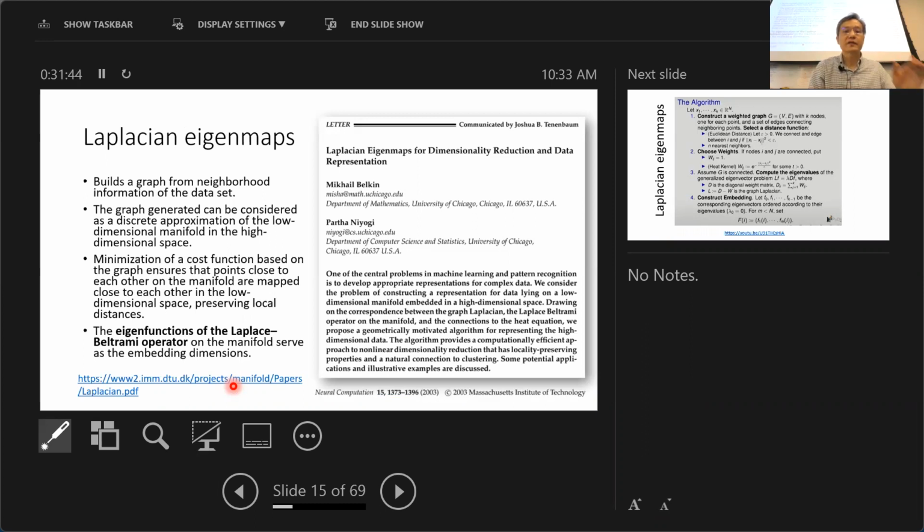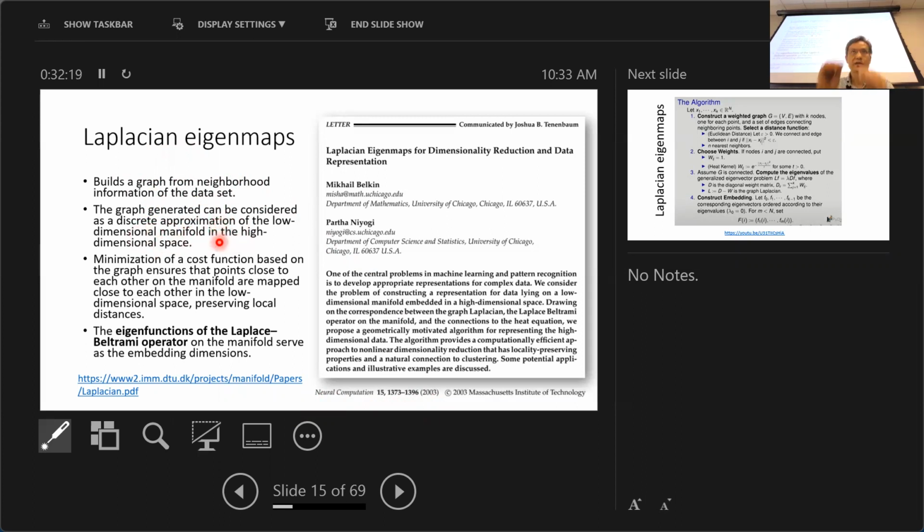Okay, so let's look at another algorithm called Laplacian eigenmap, published in 2003. The first step is also to build neighborhood information, okay, build a graph. Same idea, so this generated graph can be considered as a discrete approximation of a low dimensional manifold in a high dimensional space.